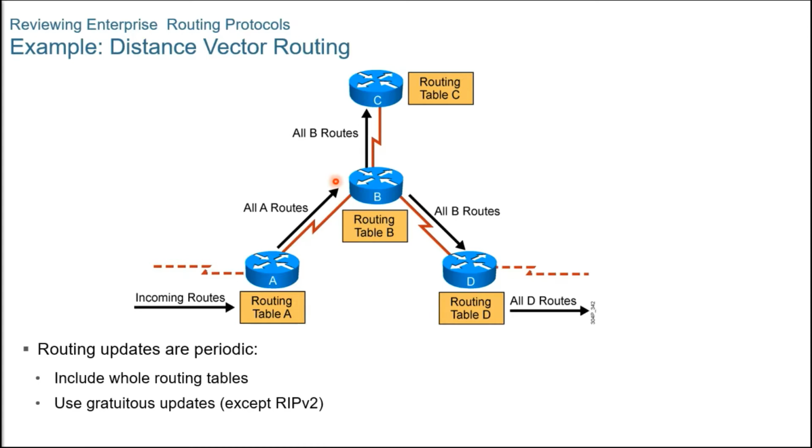Distance vector protocols are typically slower to converge and do not scale well. However, they are easy to implement and maintain. So again, examples of distance vector protocols include RIP, both RIP version 1 and RIP version 2, and the Enhanced Interior Gateway Routing Protocol, or EIGRP.